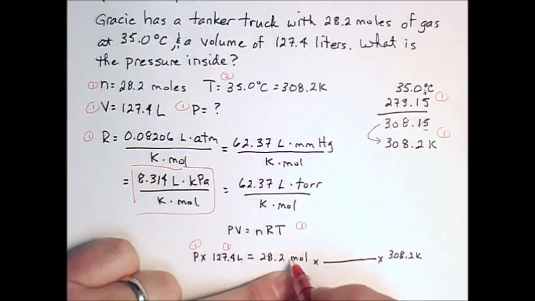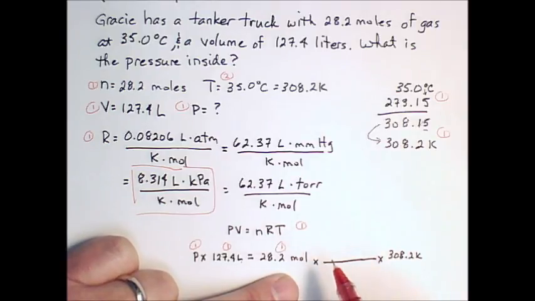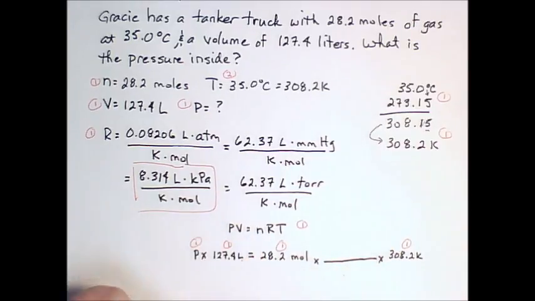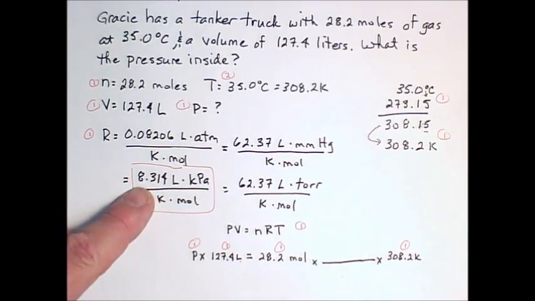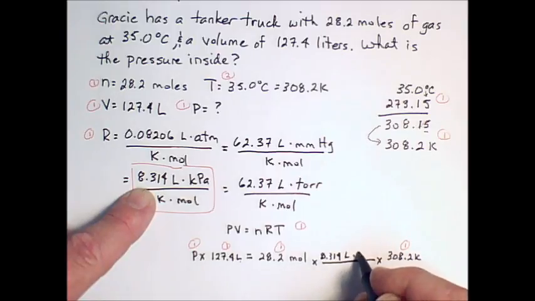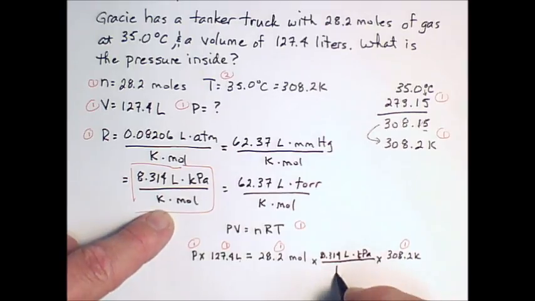Okay? Same here. Any of these numbers without a unit of measurement, they're useless to us in science. Okay? You're going to have a point for this. All right? What we want to do now is simply plug in this number right here. 8.314 liters times kilopascals. kPa is kilopascals. Over Kelvin times moles.